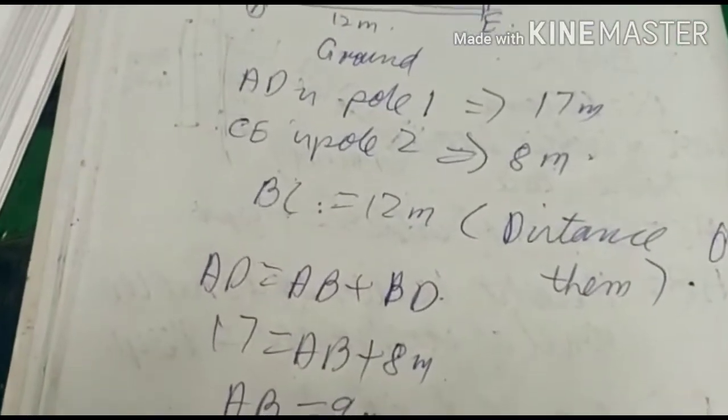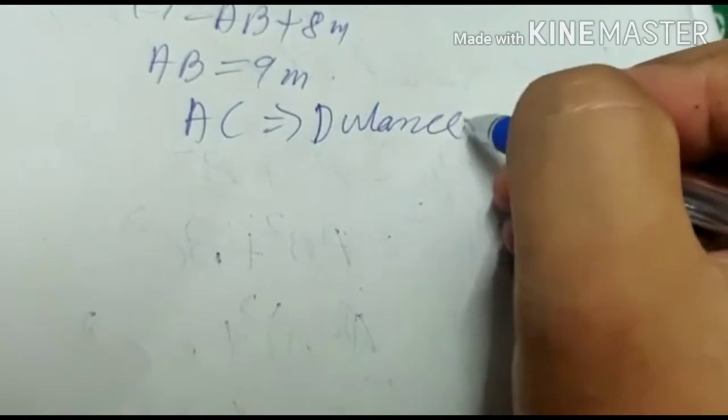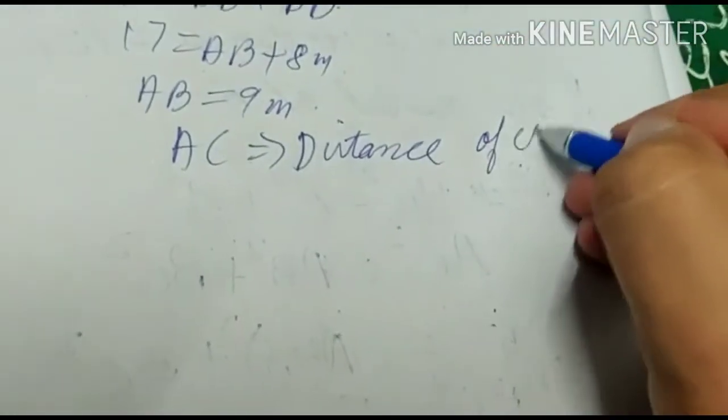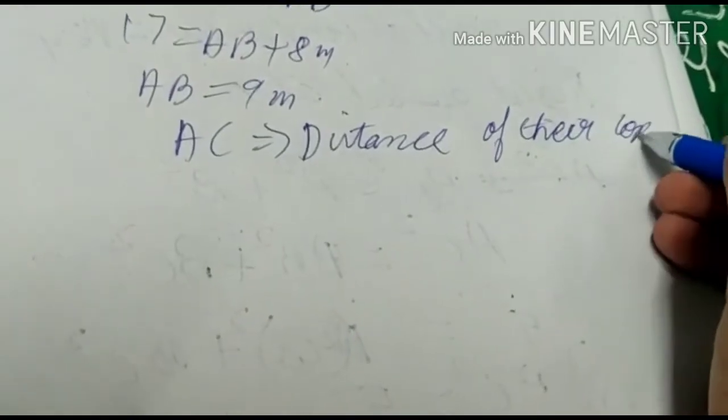So if we see ABC, AC is the distance of their tops.